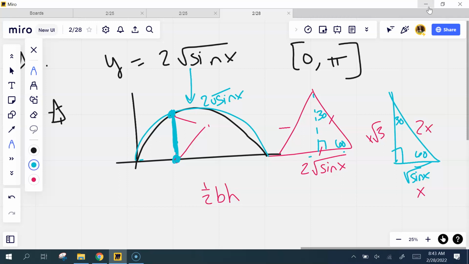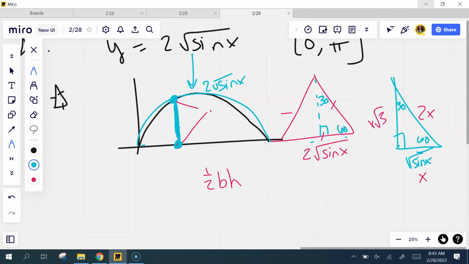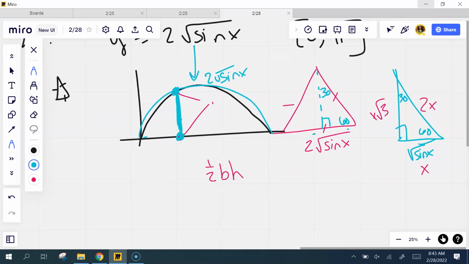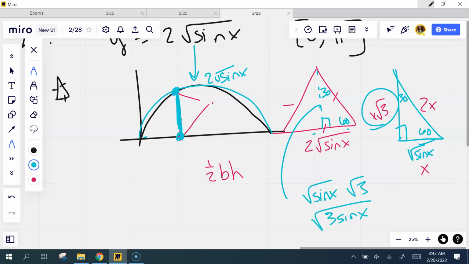That's the whole base here. That would just be square root of 3 sine x. So this side would be the square root of sine x times the square root of 3. So I can put this together as the square root of 3 sine x.